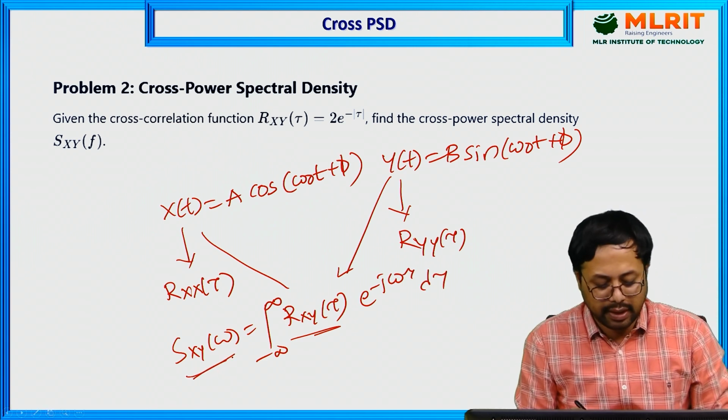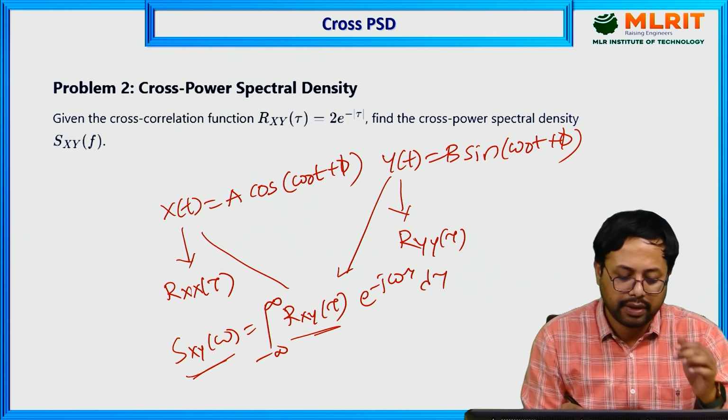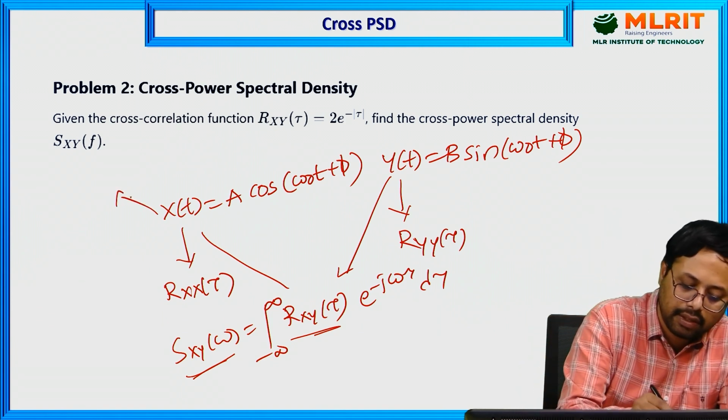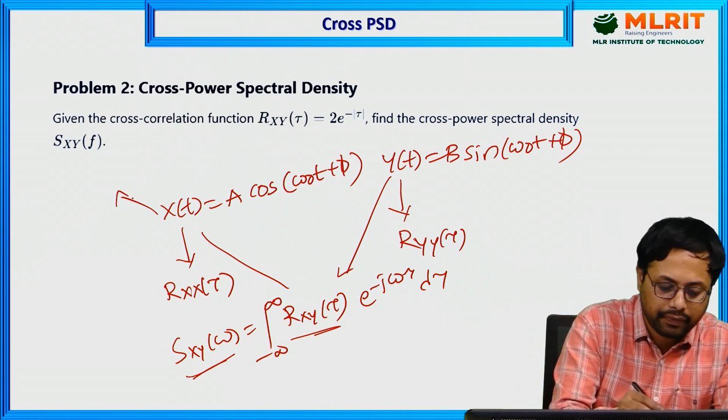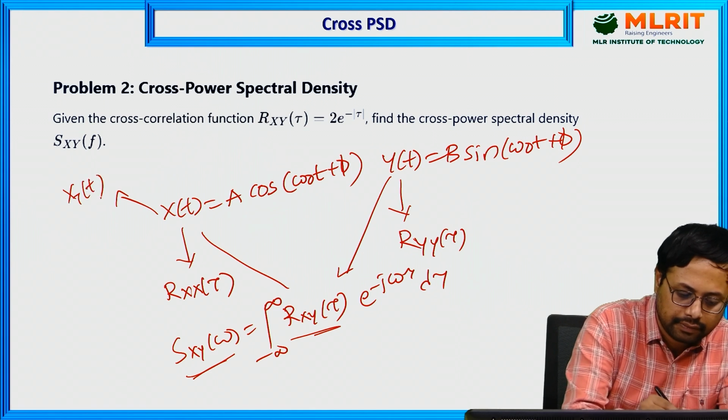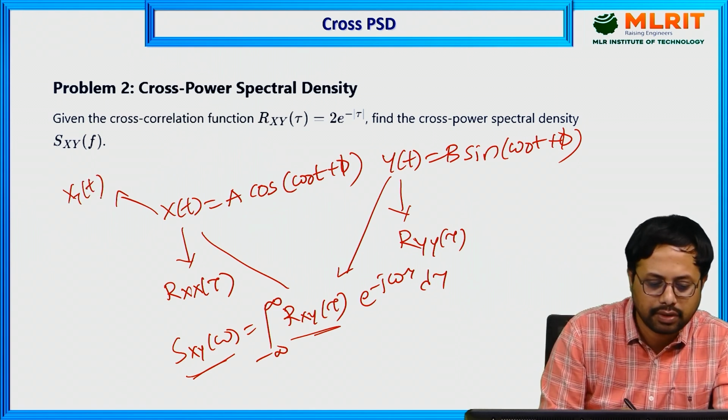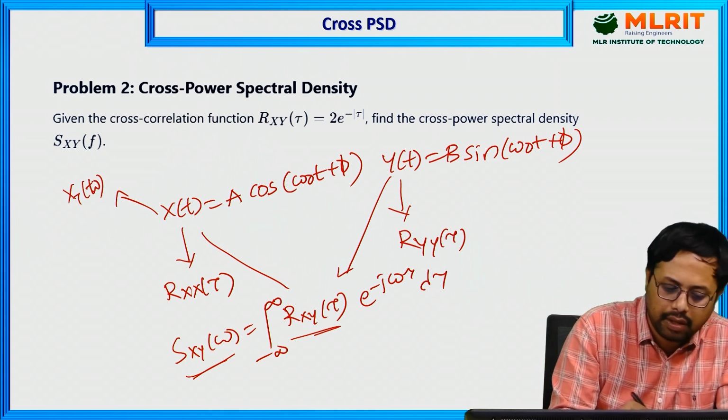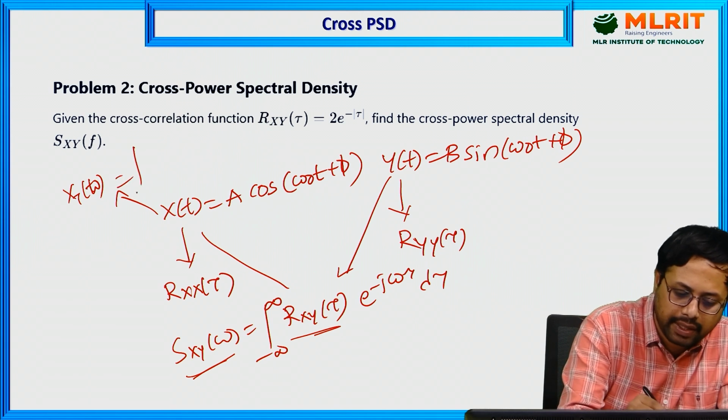Or otherwise, you have to take XT of omega, which you solve by taking the interval from minus T to T of x of t e power minus j omega t dt.